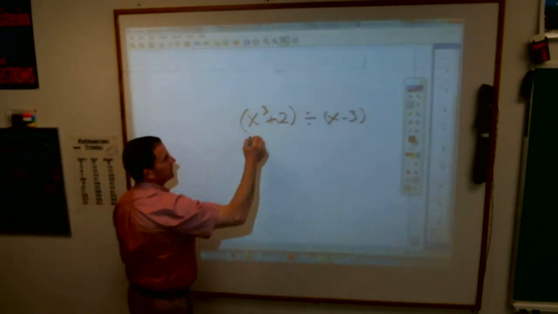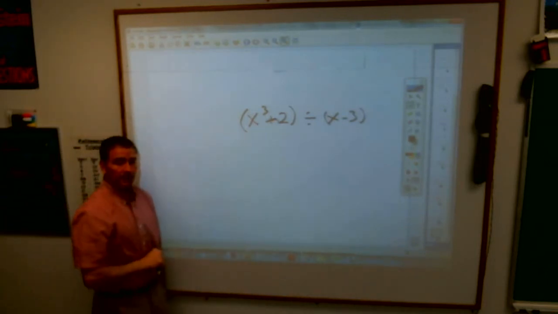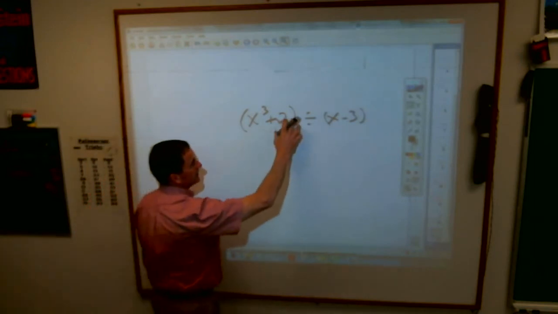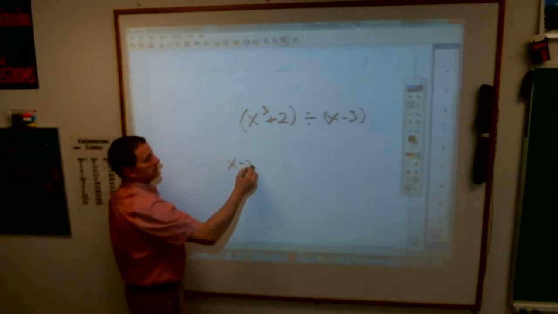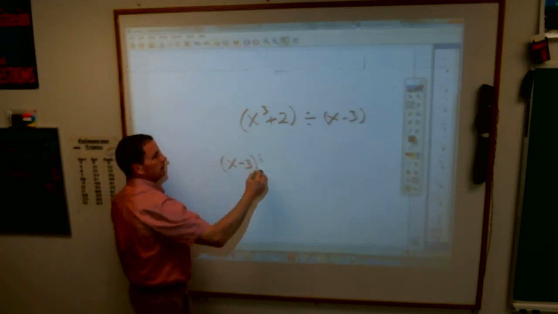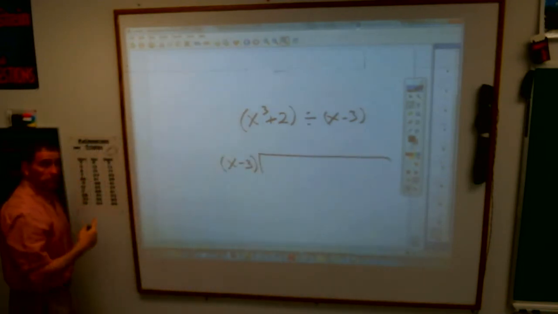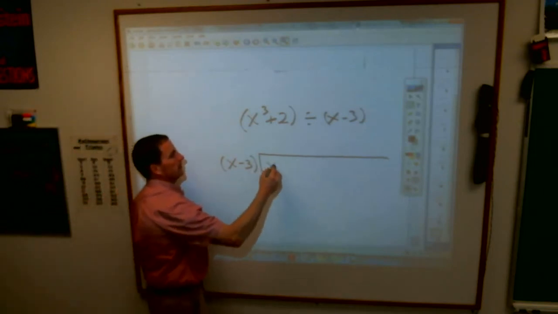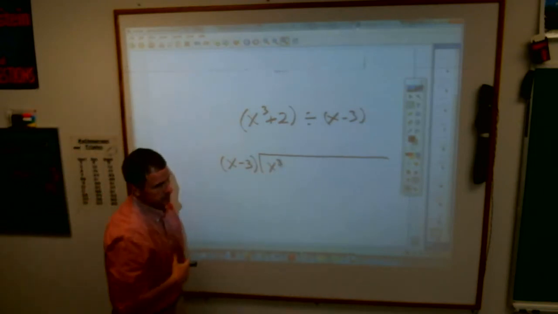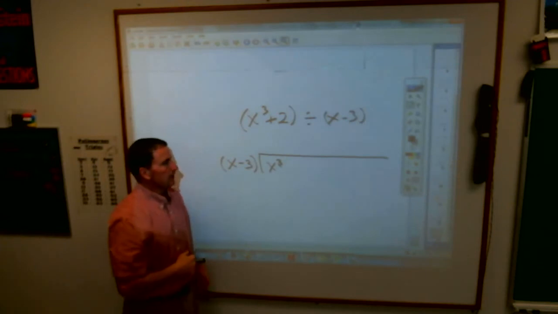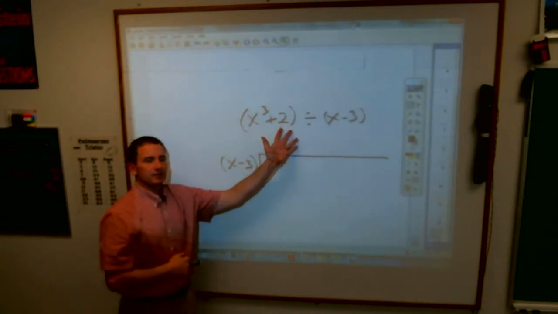This is what I mean by filling in the blanks. If I'm writing this out long division way, x minus 3 goes here, that's fine. Under the blanks though, under the little box there, you start with your x cubed. You have to, otherwise you'll get very confused. Notice how it goes from x cubed all the way down to 2.